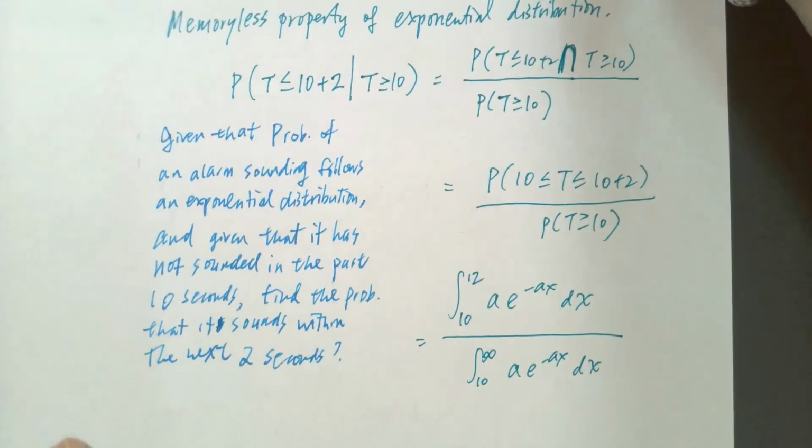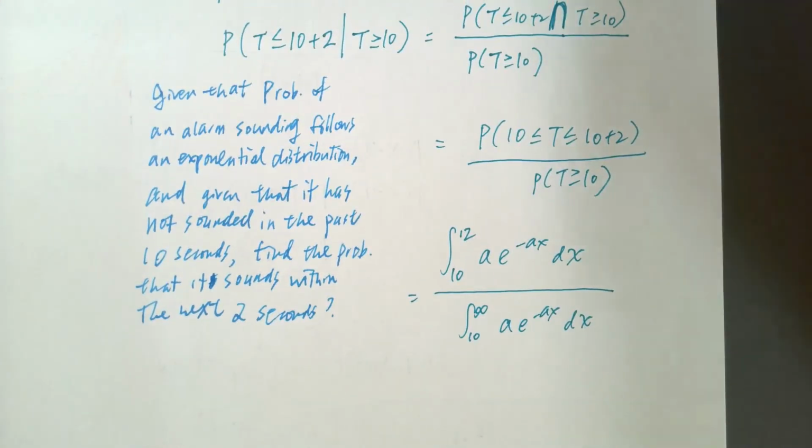Now, what the memoryless property really says is that it doesn't really matter that it has not sounded in the past 10 seconds. The memoryless property of the exponential distribution says that we don't really mind if it's not sounded in the past 8 seconds, or if it's not sounded in the past 50 seconds.